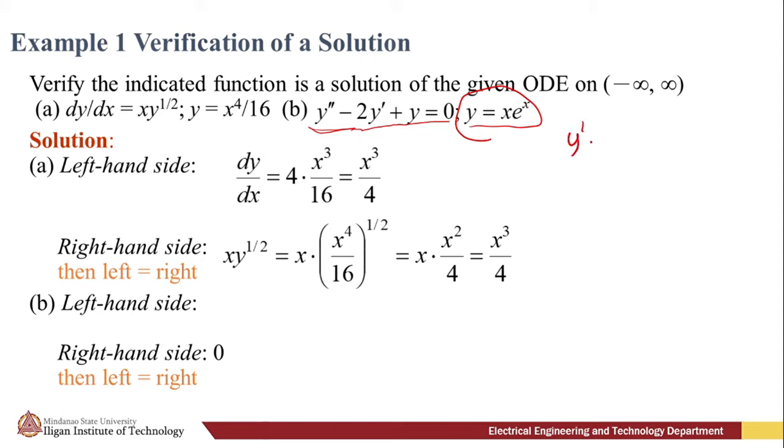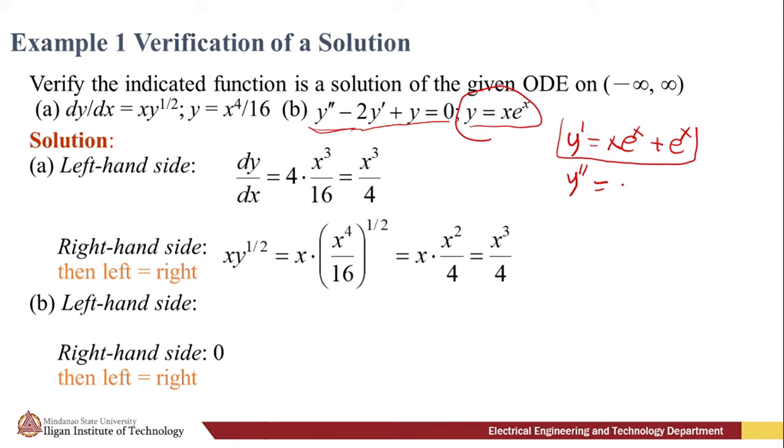So first derivative is, we have the product rule, which is x e raised to x plus e raised to x. Then we're going to find the second derivative or the y double prime. So atin lang itong i-differentiate again with respect to x.